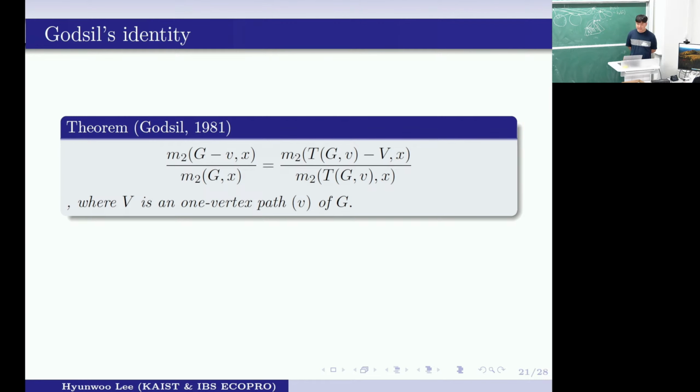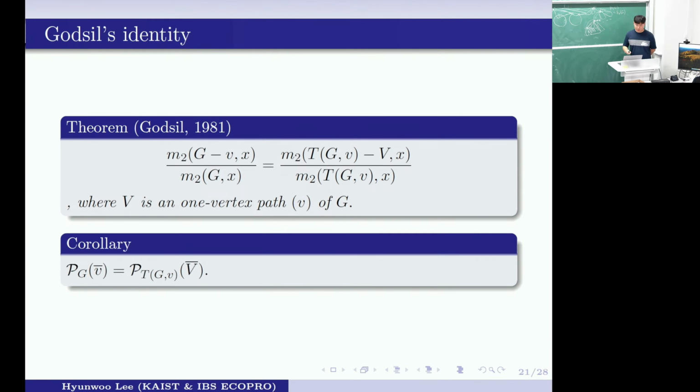And this is Godsil's celebrated identity. So in some sense, we can convert the ratio in the matching polynomial into the path tree. And as a corollary, we have this last identity.